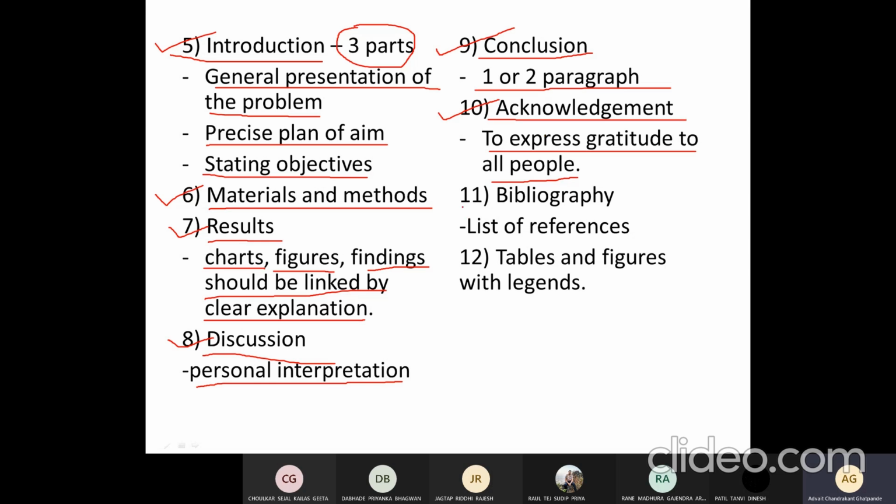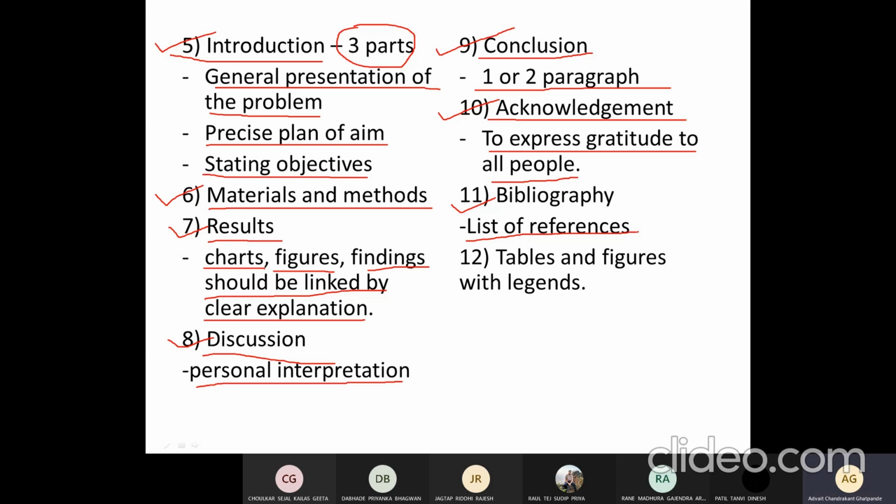Then there should be a bibliography. The bibliography should involve the whole list of references. If there are research articles which are referred to, they should be listed in a proper way.